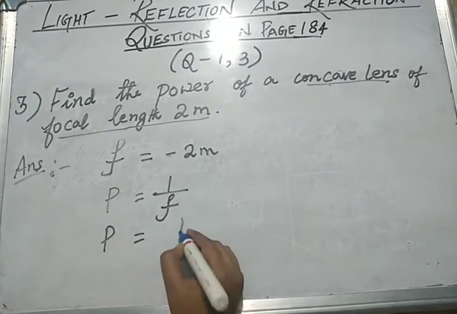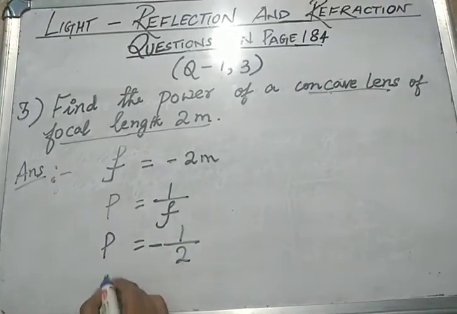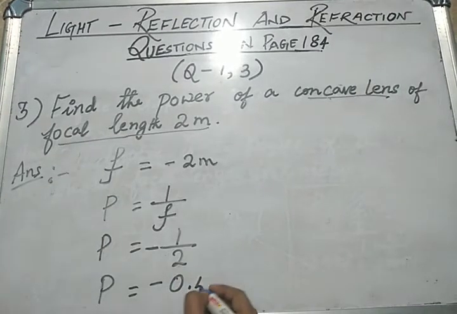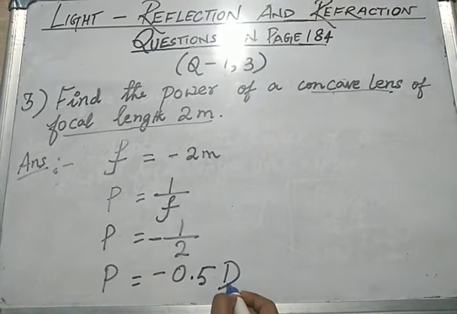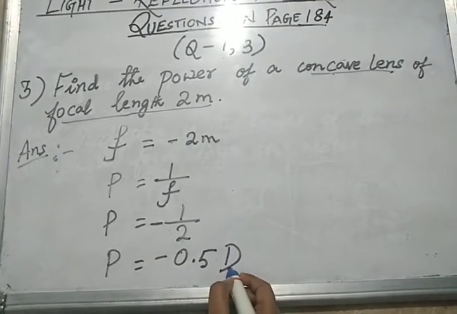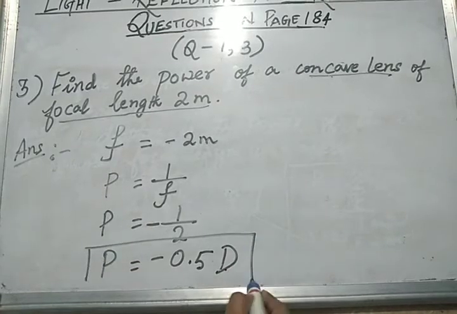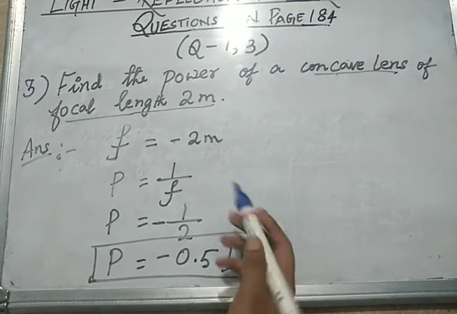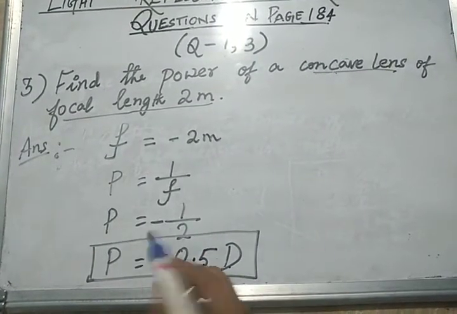Instead of writing this, you can write the minus over here. And this is equal to minus 0.5 what? Diopter. Do not forget to mention the SI unit over here, otherwise your mark will be deducted. So we have got the power of lens. The power of the concave lens is minus 0.5 diopters.